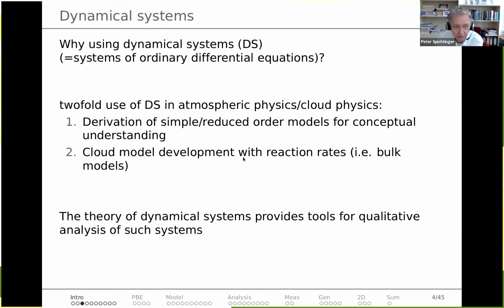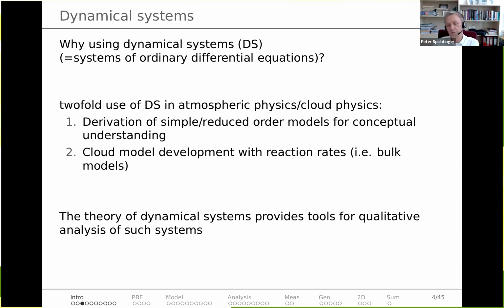You can use them in two different ways. For instance, you can derive simple, reduced order models for just a conceptual understanding. And cloud models are kind of dynamical systems because the right-hand sides are reaction rates. If you think about bulk models, you immediately are in the world of dynamical systems.